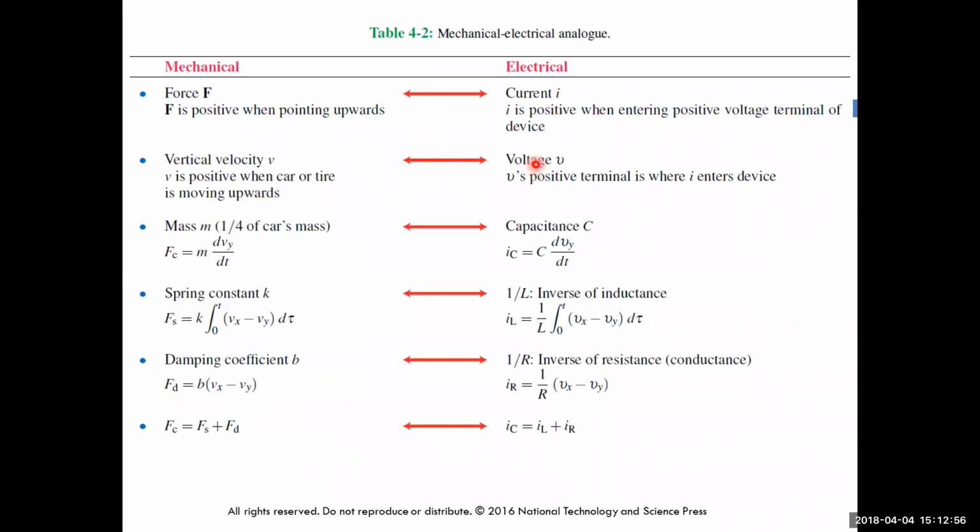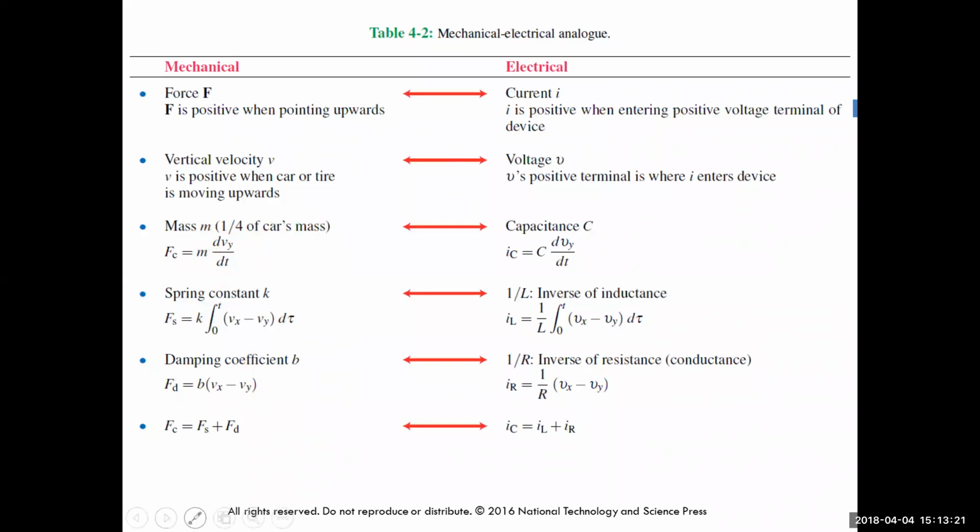But the way the math works out, when you read off a voltage, you're actually reading a velocity. Now, mass is the capacitor because look at the equation for force. It's the mass times the derivative of the velocity.